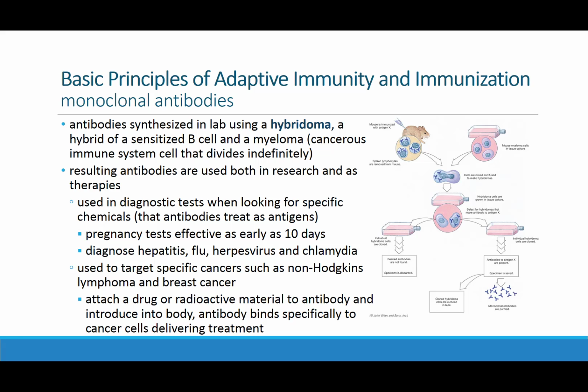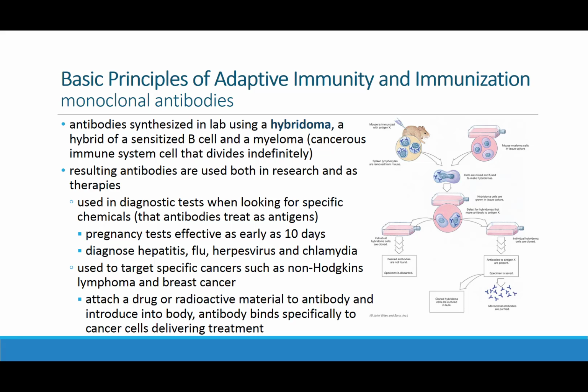They can also be used to target specific cancers and treat those cancers. They've been used for non-Hodgkin's lymphoma and for breast cancer. If you can attach a drug or some radioactive material to an antibody that is very specific to breast cancer cells or non-Hodgkin lymphoma cells, then you can introduce that into the body.